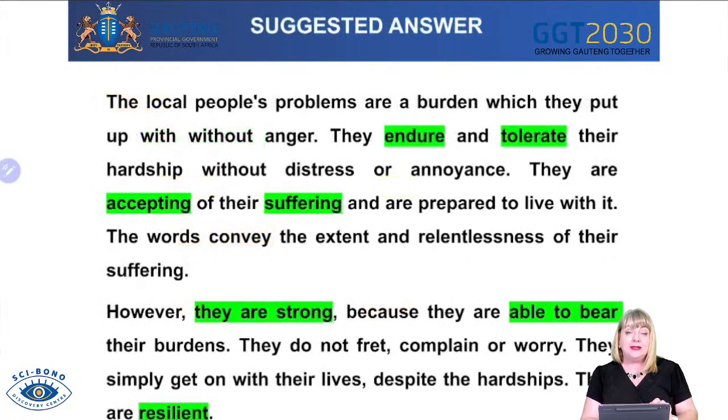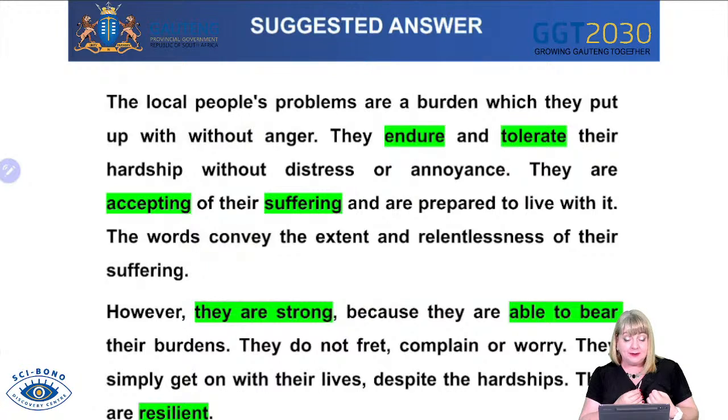And remember that if you're going to talk about diction, you will always quote the word from the poem that you're talking about, so that your examiner and your marker know what it is that you're talking about. So if you wanted to talk about diction, you might say something like this: the local people's problems are a burden which they put up with without anger.